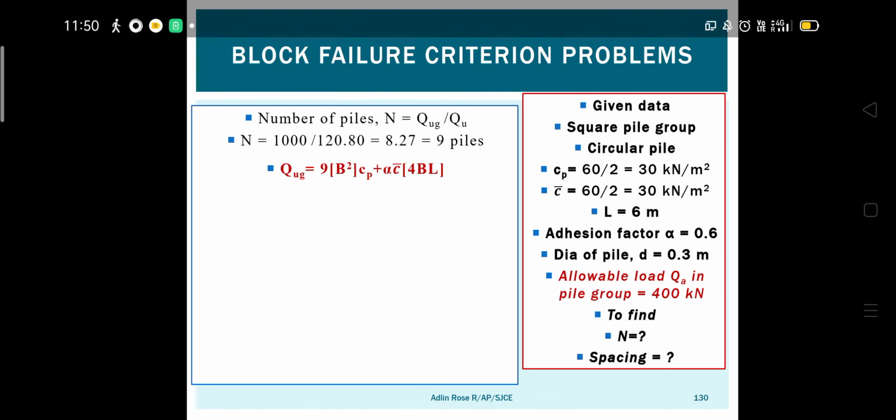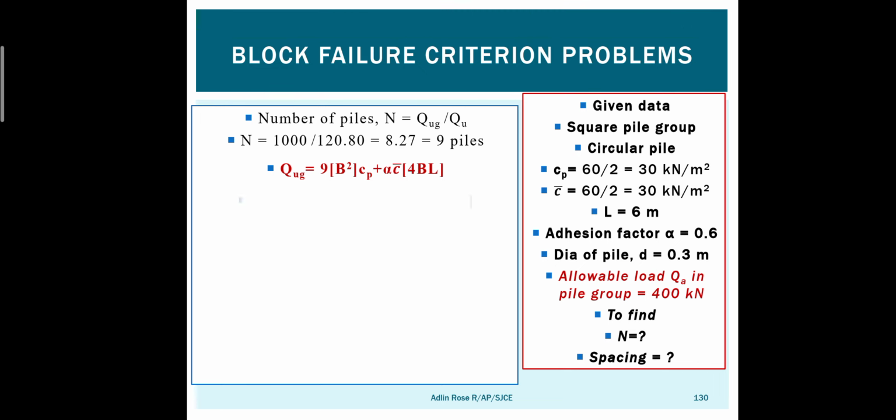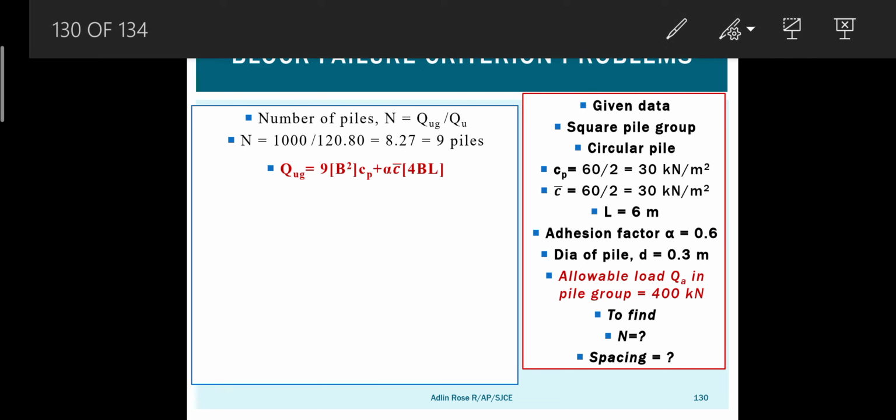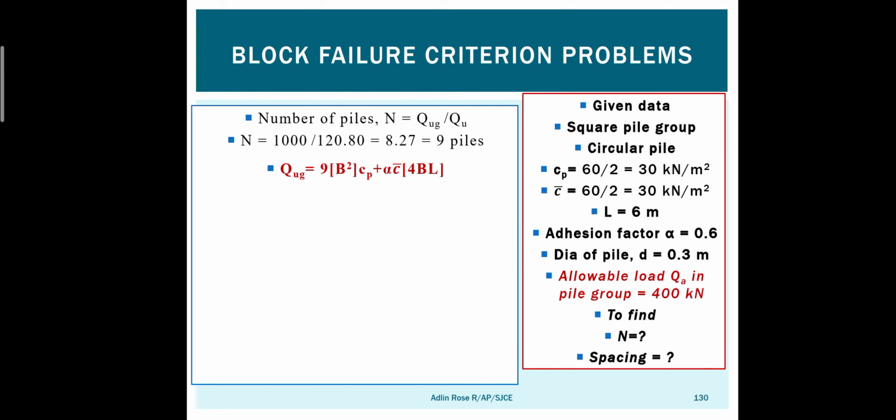Now you have to find the group pile capacity by the block failure criterion formula. What is the block failure criterion formula? 9 into b square cp plus alpha c bar into 4b into l.